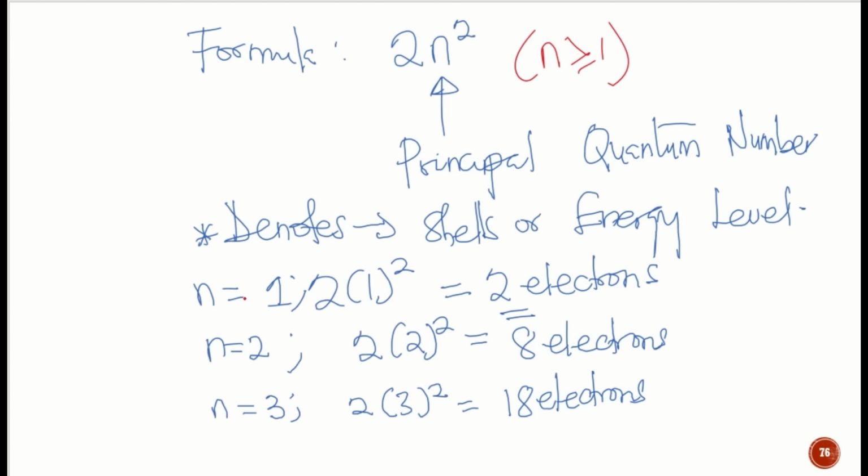So for instance, if n is equal to 1, then my first energy level can take a maximum of 2 electrons. If n is 2, it means my second energy level can take 3 electrons in that order.